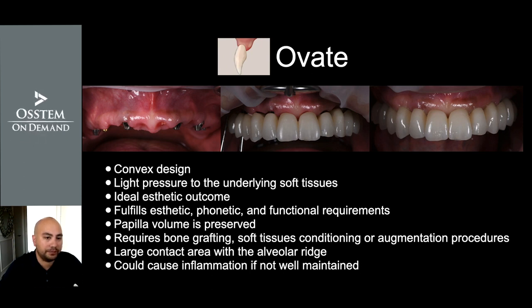We have a light pressure to the underlying soft tissues, and this gives an ideal aesthetic outcome. It fulfills phonetic and functional requirements. The papilla volume is preserved. This technique, however, requires bone grafting, soft tissue conditioning, or augmentation procedures. We have a large contact area with the alveolar ridge. It could cause inflammation if not well maintained.